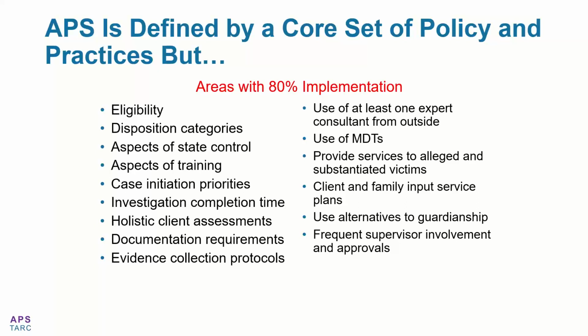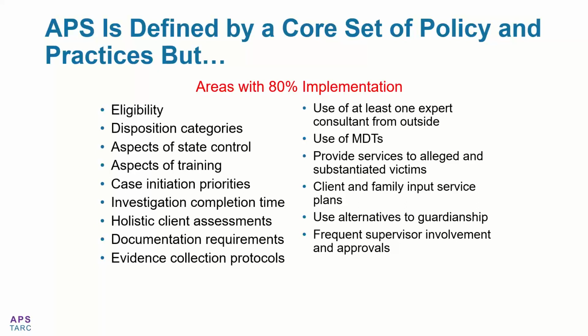So eligibility, you remember we had those 34 states that are the same. And so over 80% of the programs have similarity in their disposition categories, and so on through all of these particular questions. So these are areas where there's kind of a core set of policy and practices.